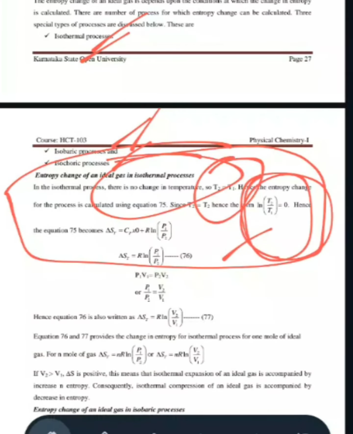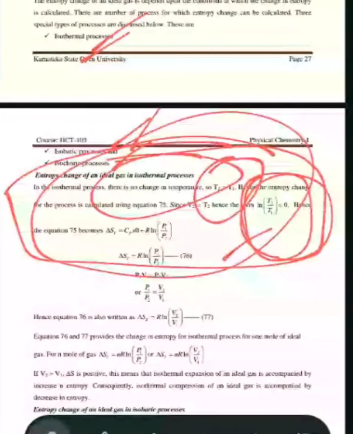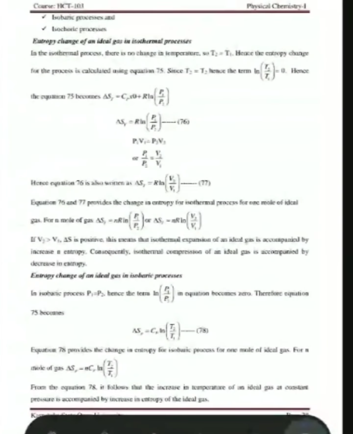So whatever the entropy changes taking place inside the system can be checked using the temperature kept constant. Isothermal entropy change of an ideal gas in an isothermal process, you should be knowing the entropy change of an ideal gas in isothermal process. Whatever the entropy changes, we're keeping temperature constant.